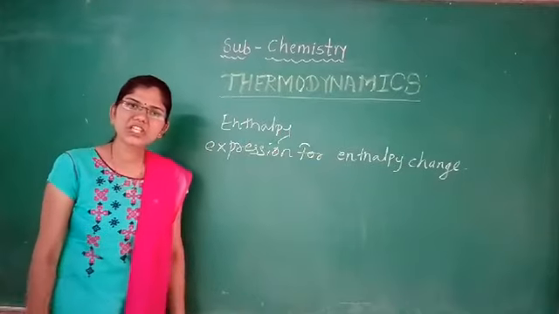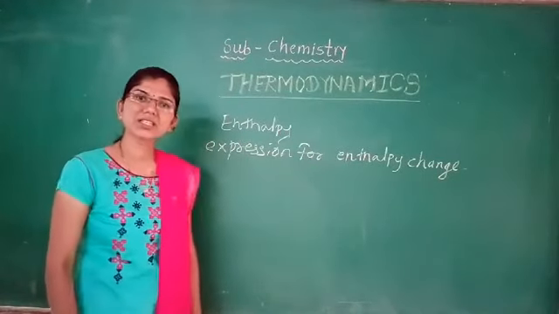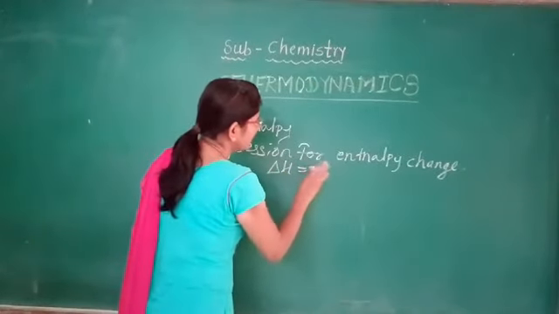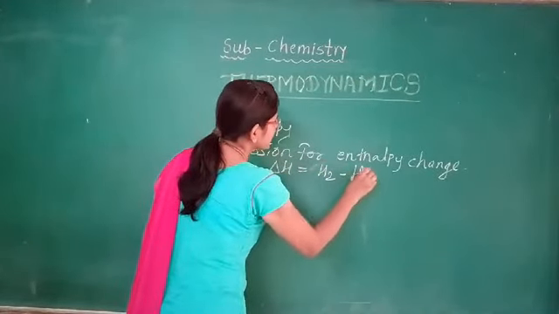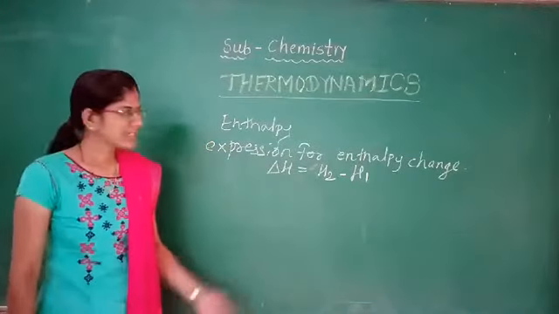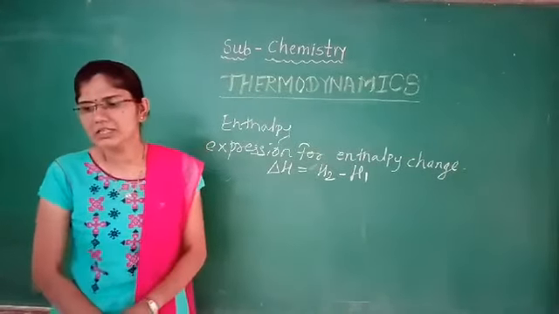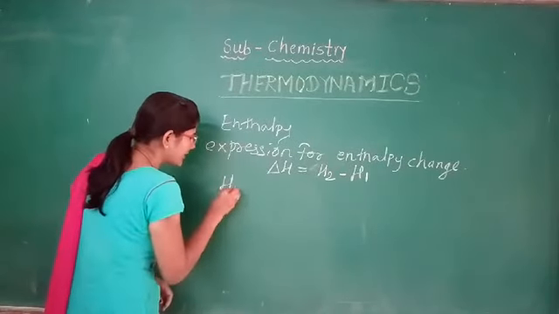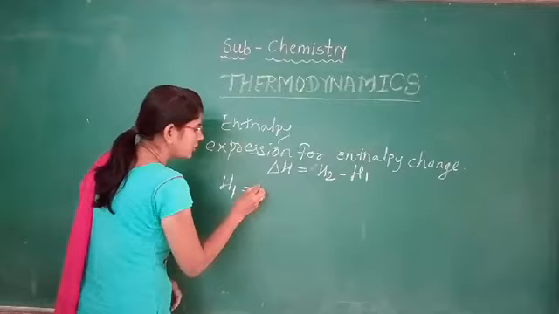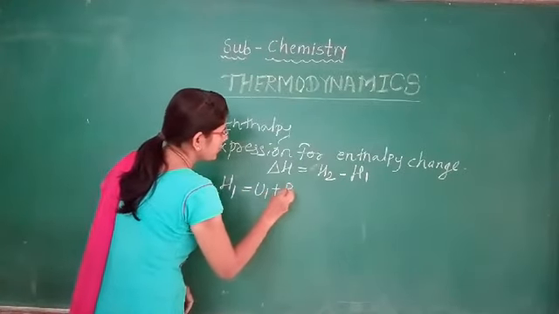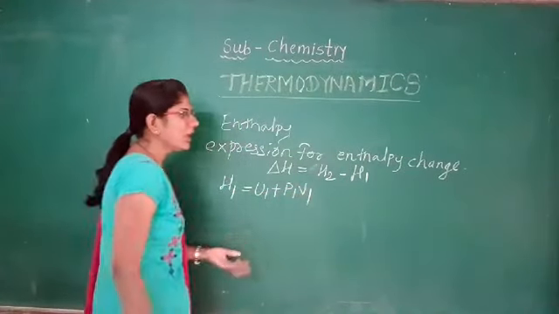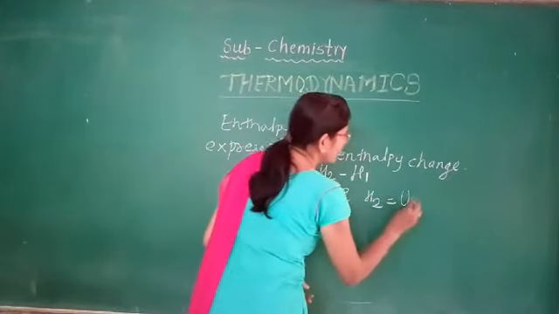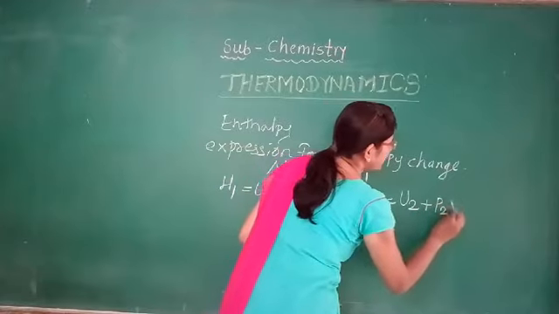As we know, the change in enthalpy, that is delta H, is a state function, which is equal to H2 minus H1. Suppose we take the initial state enthalpy as H1, which is equal to U1 plus P1 V1, and the final state as H2, which is equal to U2 plus P2 V2.